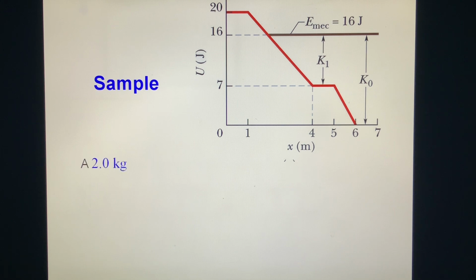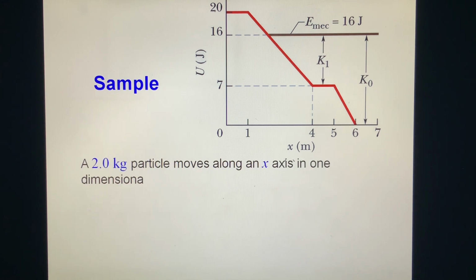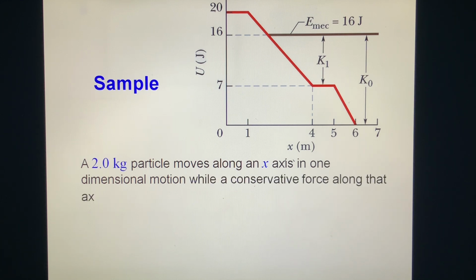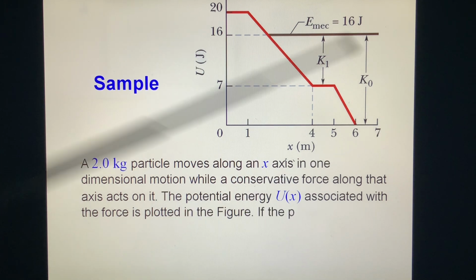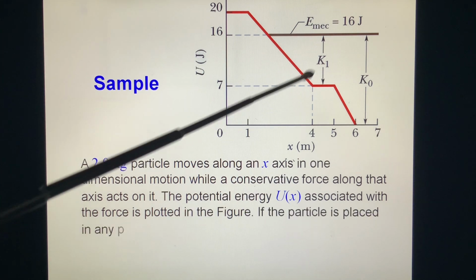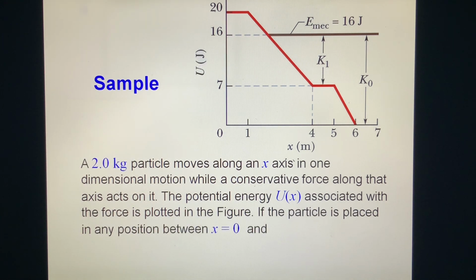Sample. A 2.0 kilogram particle moves along an x-axis in one-dimensional motion, while a conservative force along that axis acts on it. The potential energy U(x) associated with the force is plotted in the figure, the red line.